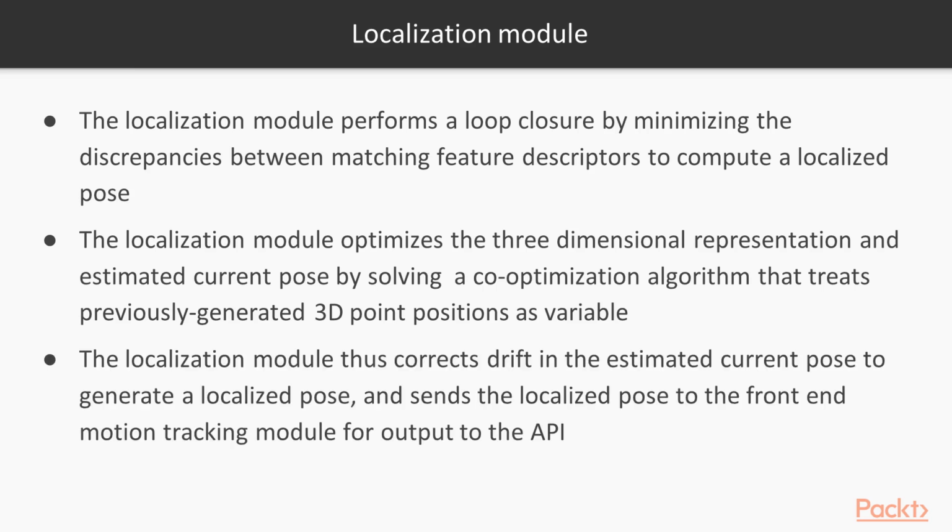So the localization module basically corrects drifts in the estimated current pose to generate a localized pose and sends the localized pose to the front-end motion tracking module for output to the API.